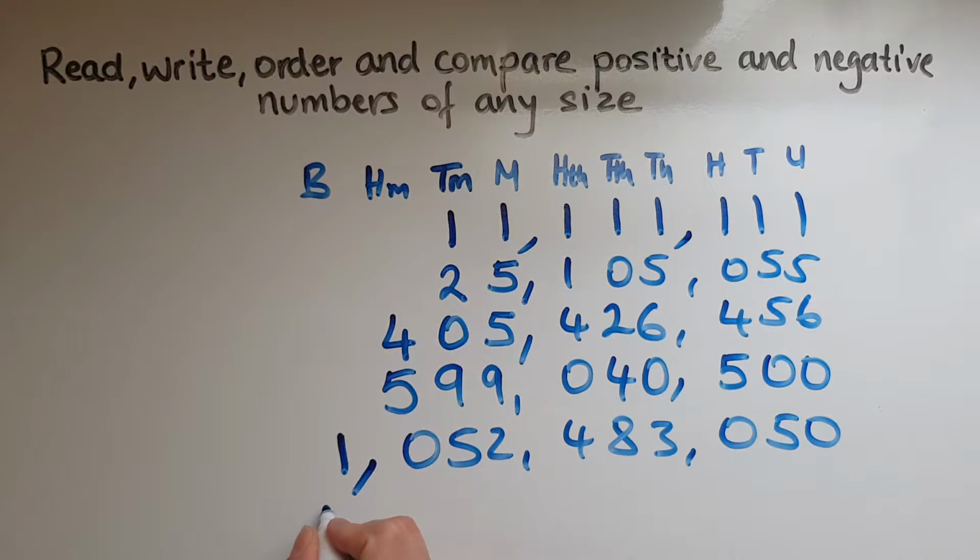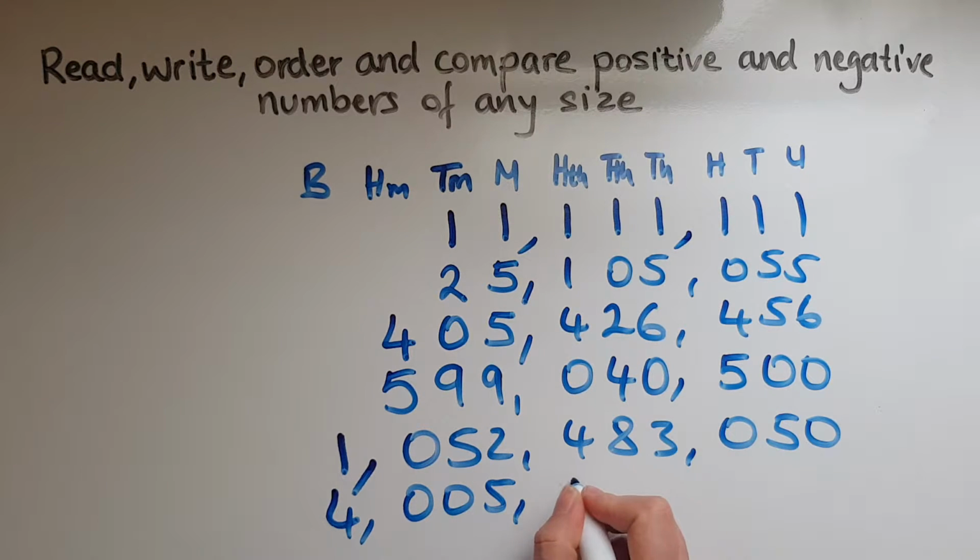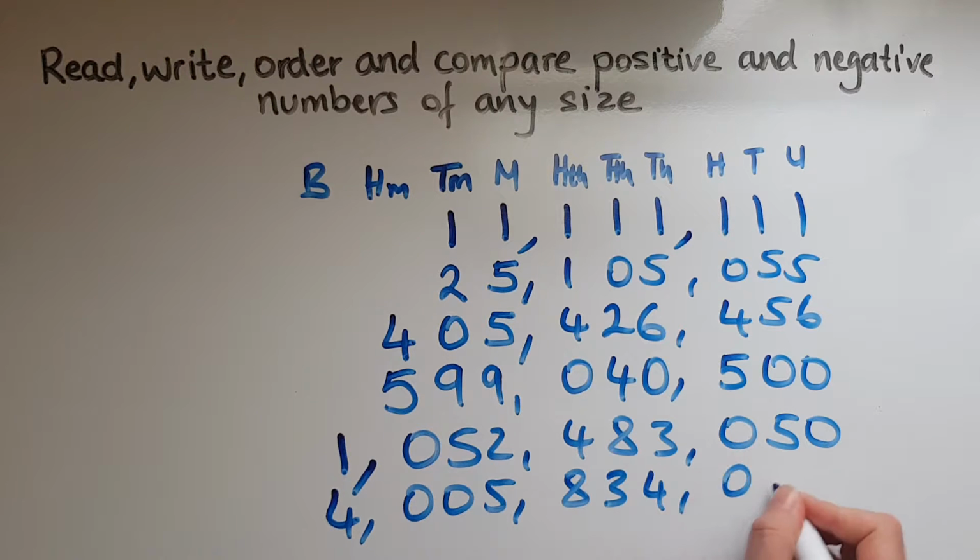So another one. So this one is read as 4 billion. So that comma here helps me read it.